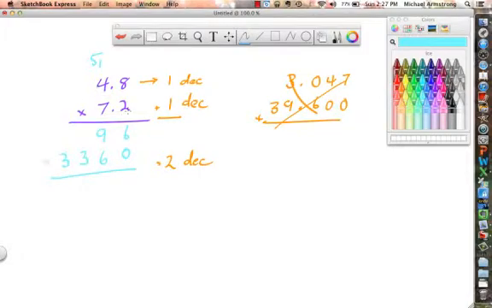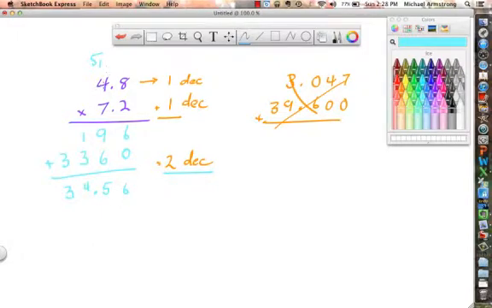Now I just add straight down here. 6, 9 plus 6 is 15, 4, 3. If I didn't make any mistakes, then this is my answer, 3456, and I remember I have 2 decimal places, so the answer is 34.56, or 34 and 56/100ths.